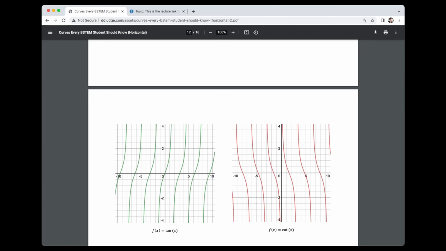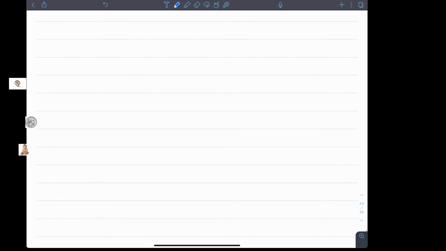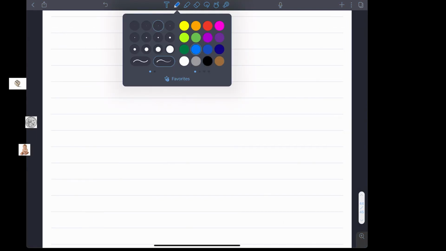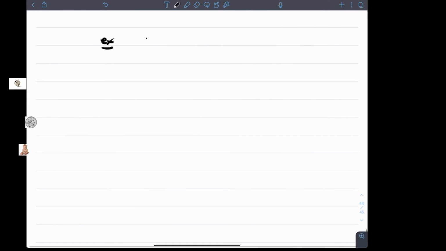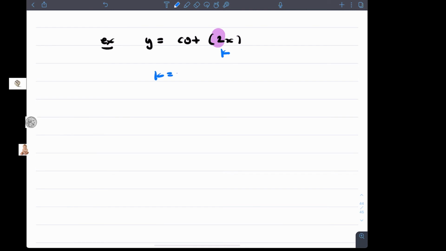So, the good news is we're still graphing cotangent here. We've got to study these examples. And you say, well, what do I do? Well, you use the definitions I gave you. If they ask, what's the graph of cotangent of, let's start simple, 2x? Start simple. Well, what's k? K here is 2. Doesn't everything start with that?